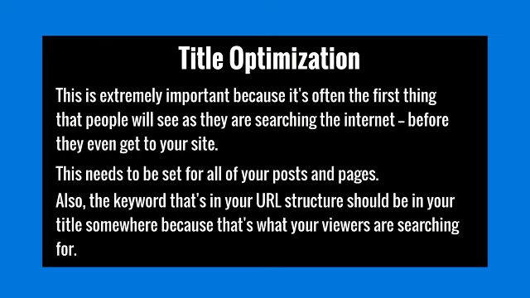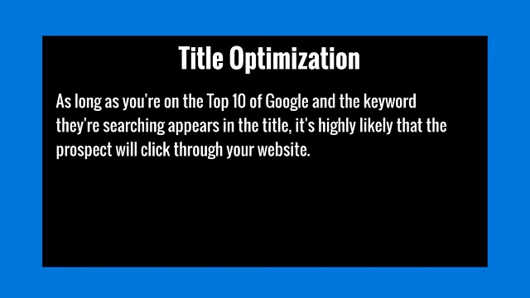And they don't really care about you. They care more about the customer, who is the person who is searching, right? So as long as you're in the top 10 of the Google search engine for that keyword, and that keyword is appearing in the title, it's highly likely that the prospect will click through to your website.